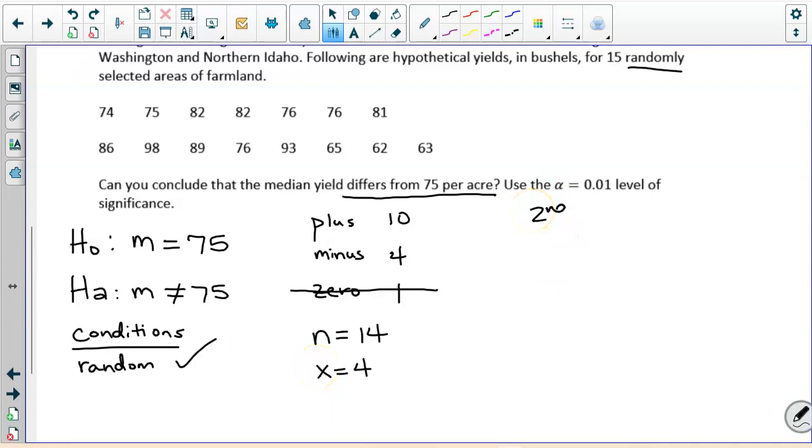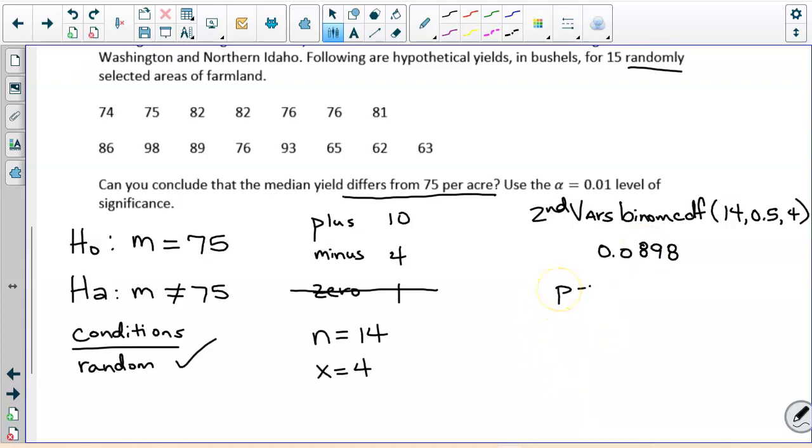So then it's second vars, binomial PDF, right? Sample size is 14. P is always 0.5 for these, and then 4. And you get 0.0898. So is that my p-value?